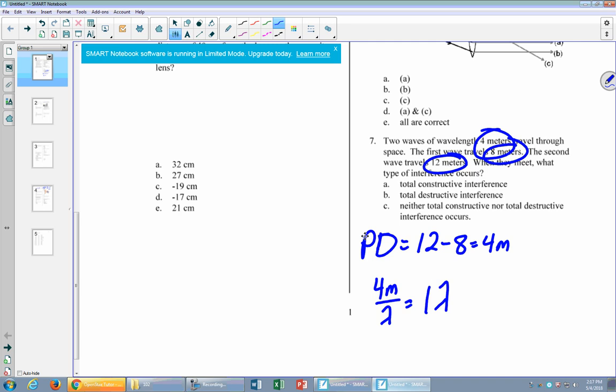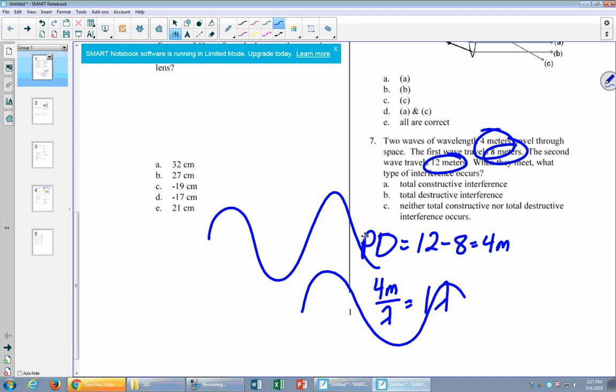And since it's offset by 1 wavelength, that is constructive interference, right? That's when I have waves that look like this, and the second wave is offset by a full wavelength. So I get constructive interference.